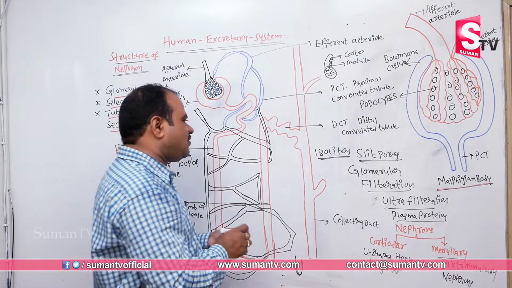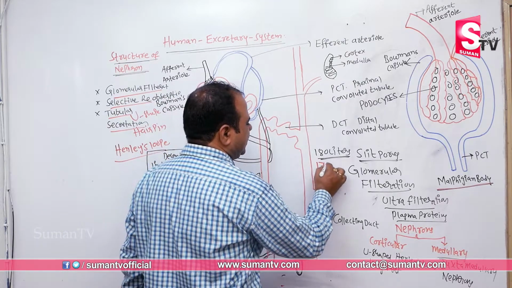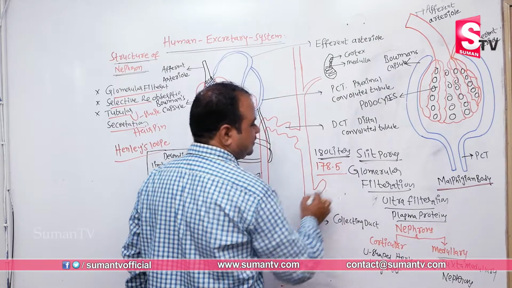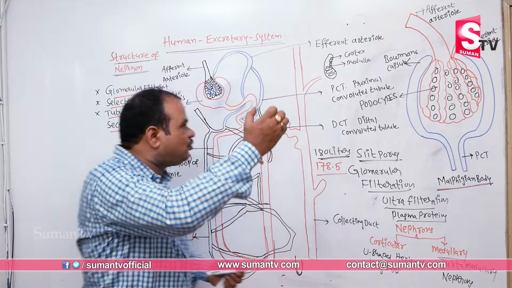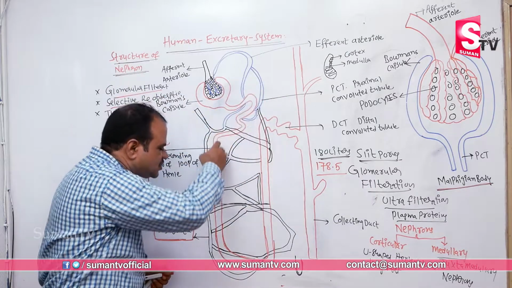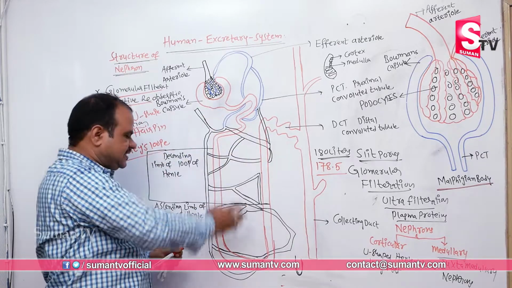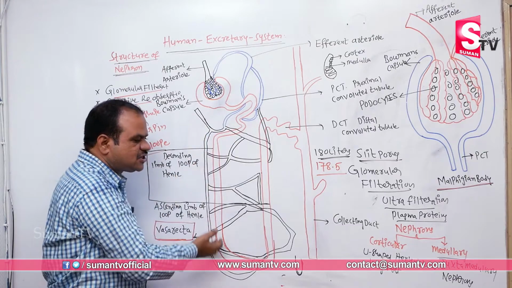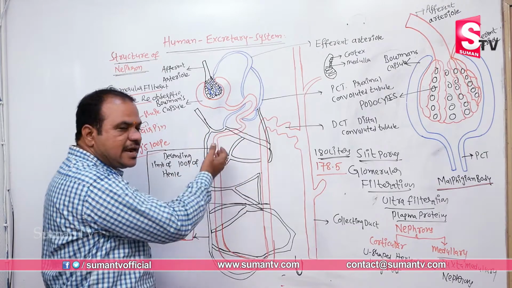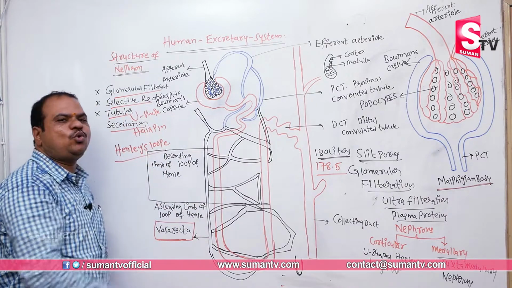So out of the 180 liters, the remaining 178.5 liters will be processed through the PCT, DCT and also the loop of Henle. Whenever they are processed in the renal tubule, they will be reabsorbed. That is nothing but selective reabsorption.